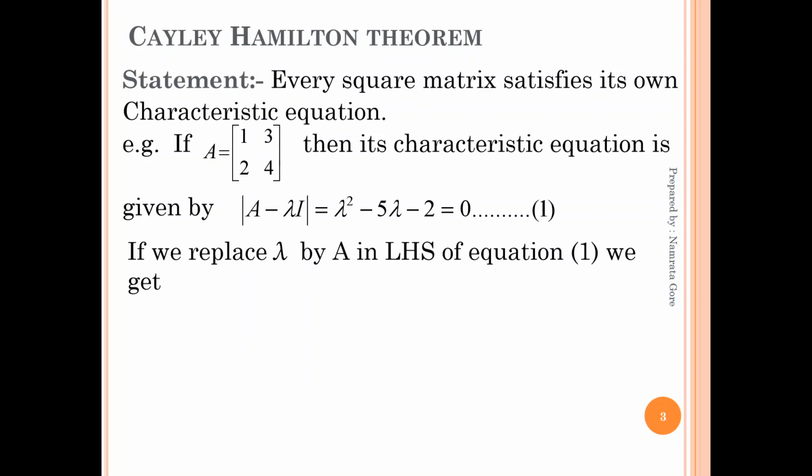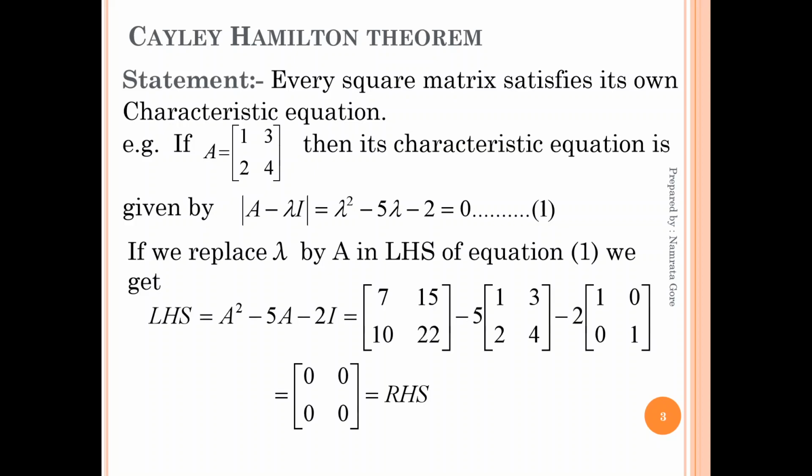Here we replace lambda by matrix A in left hand side of equation 1. So left hand side of equation 1 becomes A square minus 5A minus 2I, where I is the identity matrix of order same as that of matrix A.